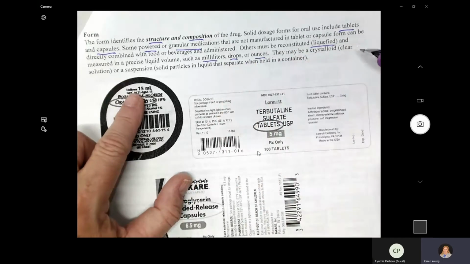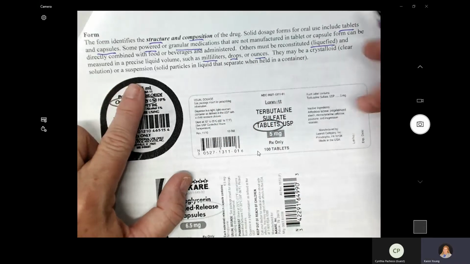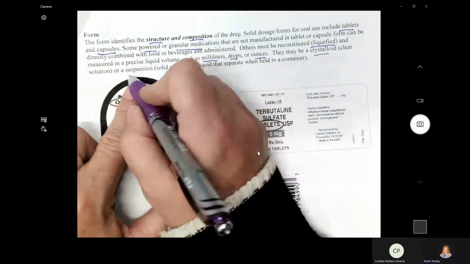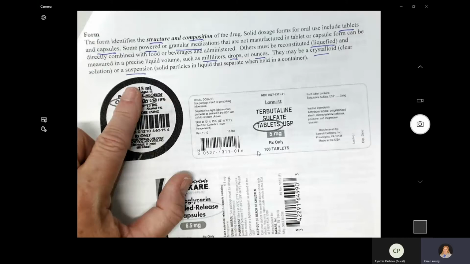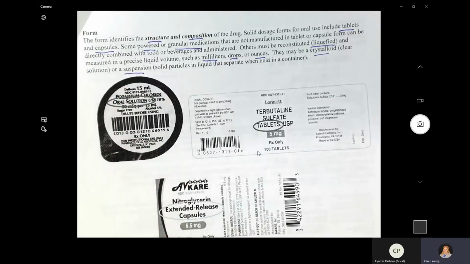And then you've got your crystal or your clear solutions. You've got your oil suspensions, which is solid particles in the liquid. You've also got your creams, your antibiotic creams. You've got your suppositories. You've got your sublingual medications.